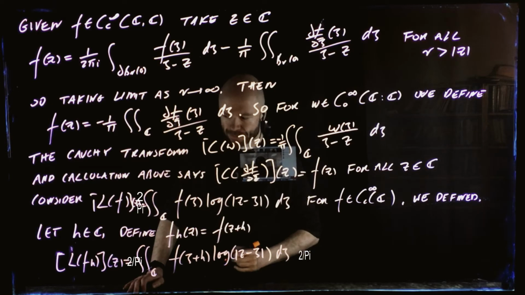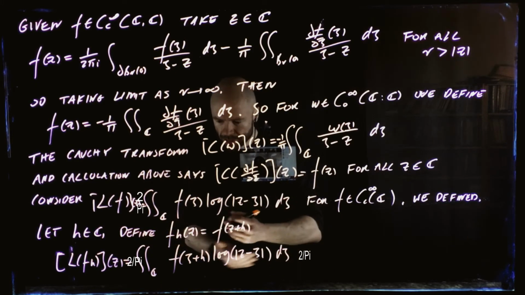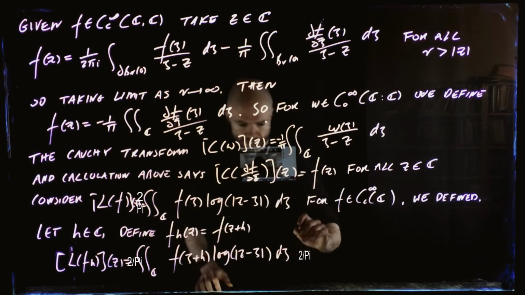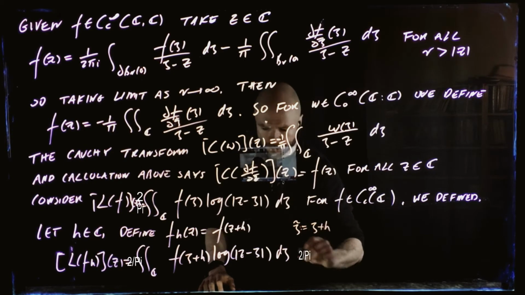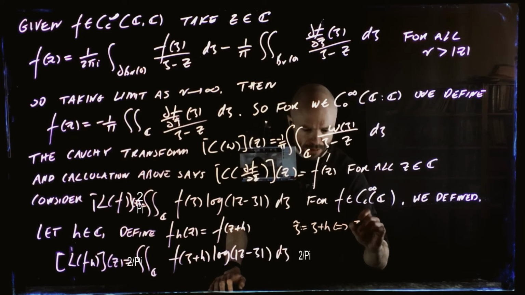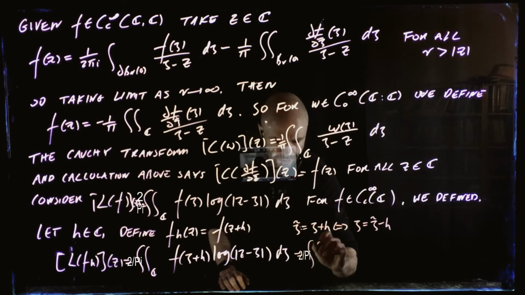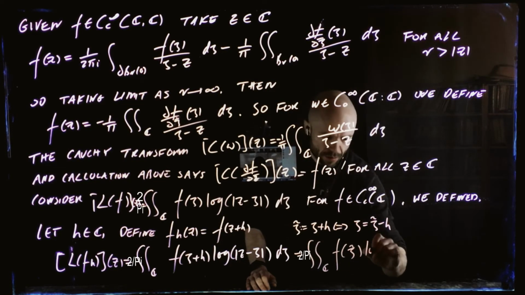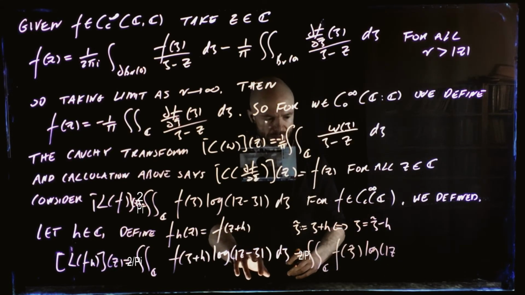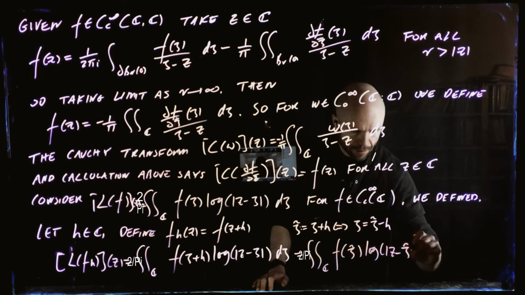Let's shift things around. Define zeta tilde to be equal to zeta plus h, so that zeta is equal to zeta tilde minus h. Let's make that change of variables. Since we're integrating over the entire complex plane, we still have the entire complex plane. So we have f of zeta tilde, and then log of the modulus of z minus zeta tilde plus h, d zeta tilde.